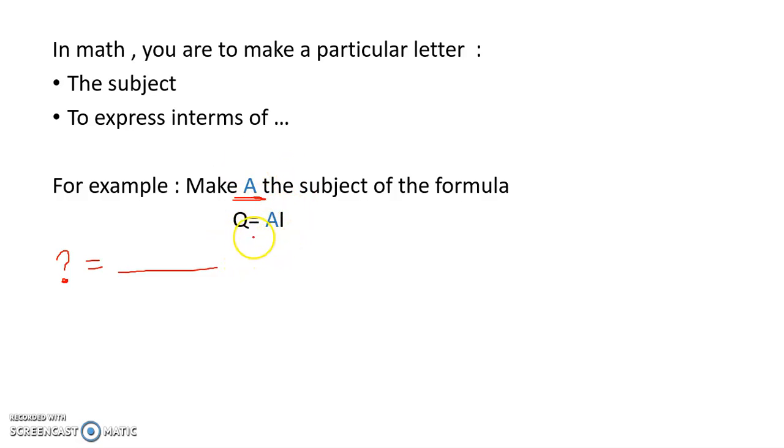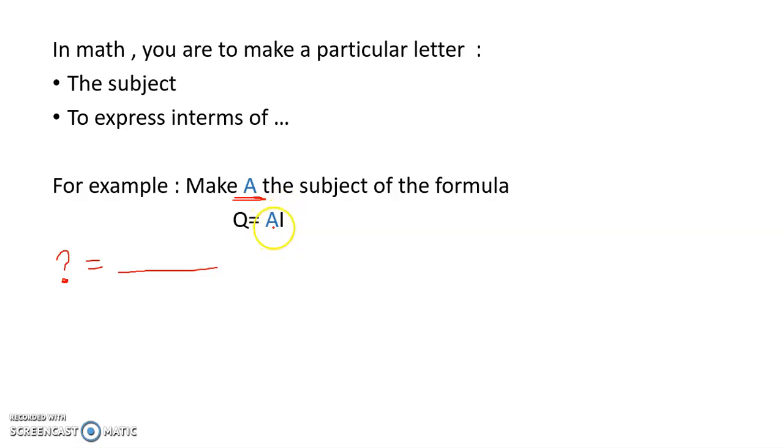Firstly, we'll have to get rid of anything that is adjoined to A, right? Remember I stated in previous lessons, if you see two letters in front of each other, it means multiplication. Since I is adjoined to A and we want A by itself, because we want A to be equal to the rest of the formula, we're going to do the opposite.